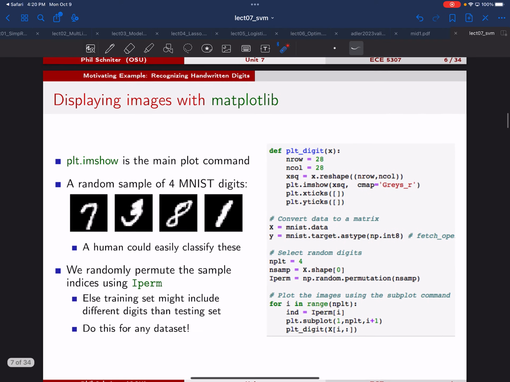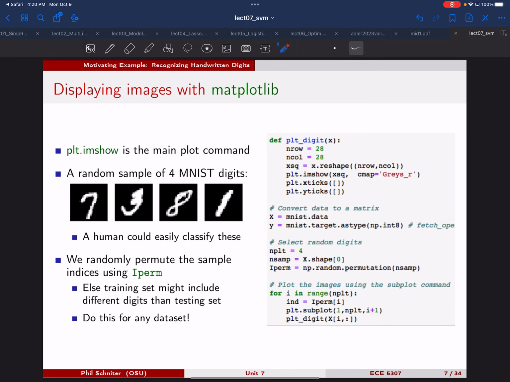Okay. So here's a little bit of code that shows how we can plot these images. The main plotting command in matplotlib is imshow. And here we can write a little function that will plot one of the vectors from our data set. Remember that when you download the data set, you get an X matrix that has all your features.